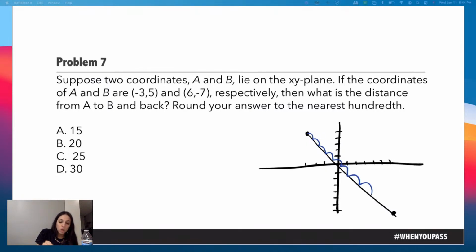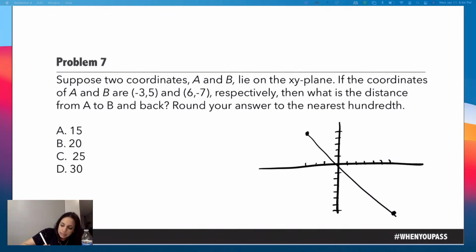You could. Will you get an accurate answer? Likely not. However, if you were running out of time and didn't remember the distance formula, would that be a way that you could find an estimate? Sure, absolutely. Probably not accurate, but it might give you a ballpark that you could at least X out an answer or two. But that said, we're in the business for getting problems right.